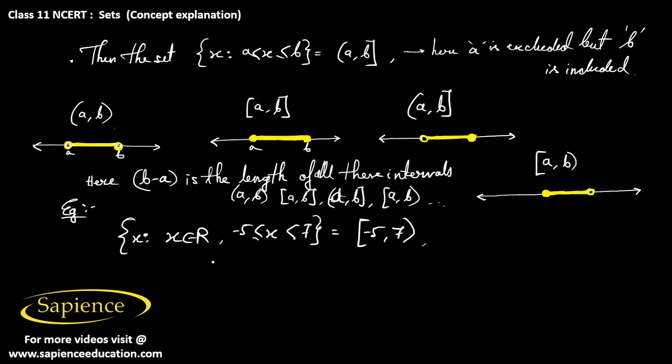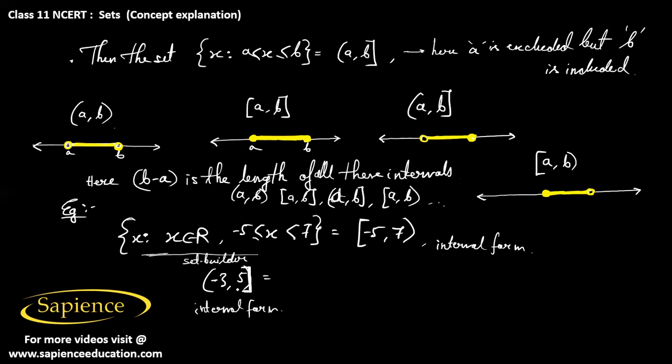Then suppose it is asked to write the interval (-3, 5] in set builder form. So now we can convert from the interval form to the set builder form.